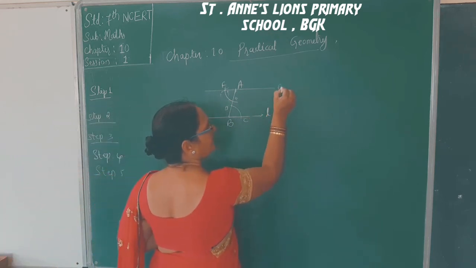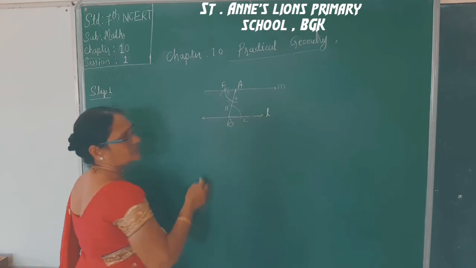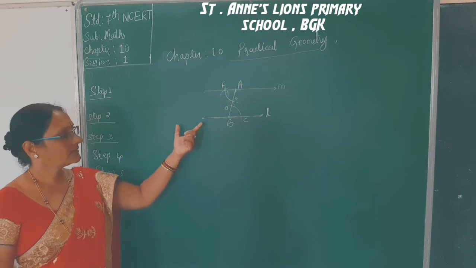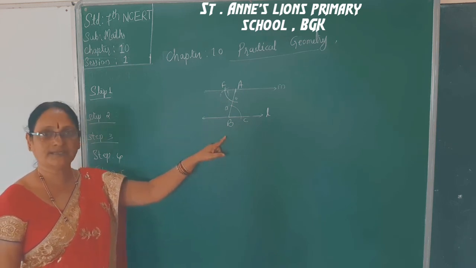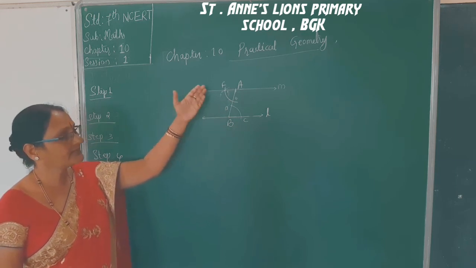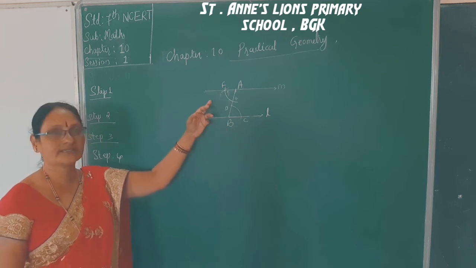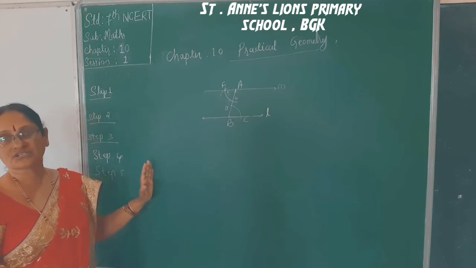This line is M. How is it M? M is parallel to L. So this is what the construction steps of constructing a parallel line to a given line L, where the point is outside the line L. It is not on the line L, it is outside the line L. So this is what the steps of construction.